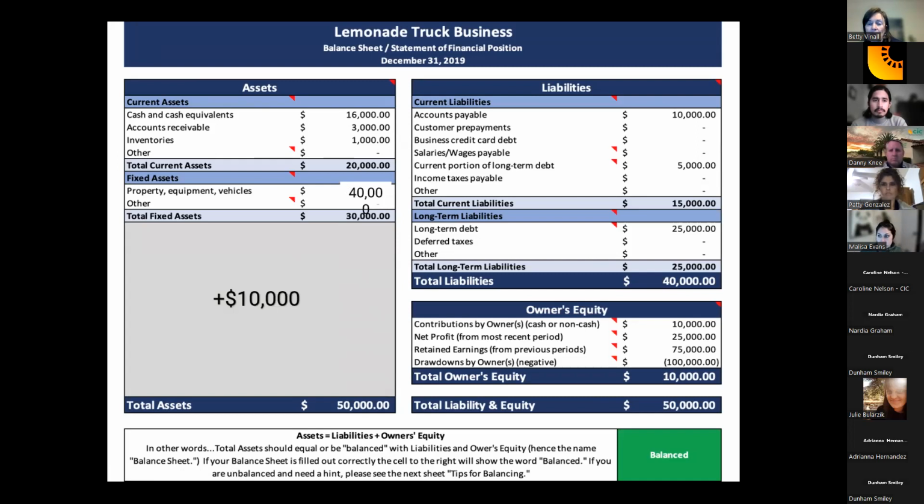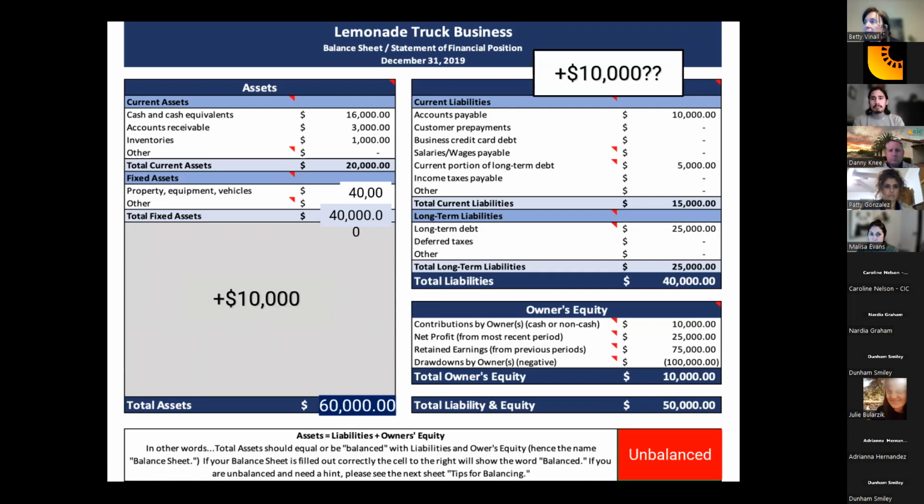So you're looking for either that $10,000 on the asset side, or possibly if you put that there, then you're at 60. So now you're out of balance again. You're at 60 and 50. So you're unbalanced.